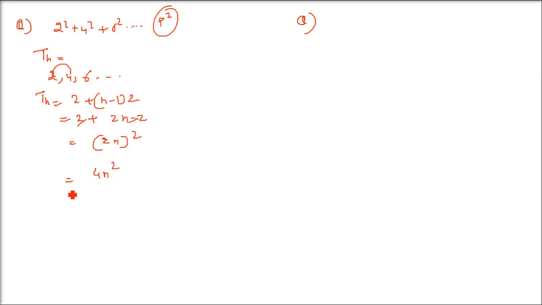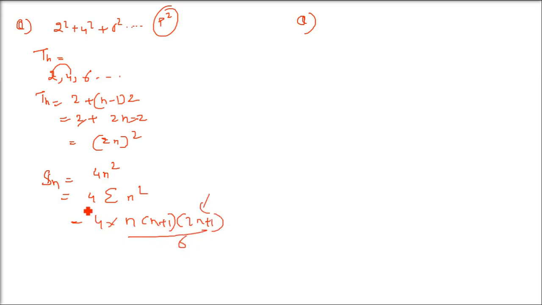So we are applying sigma: Sn is 4 sigma n square. So 4 into sigma n square is n plus 1, 2n plus 1 by 6. This is just the sum of n terms. You can take 2 by 3 also: 2n by 3, n plus 1, 2n plus 1.